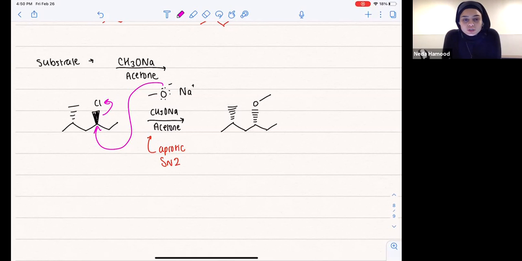For E1 and E2, you would also have to know that. Just memorize the strong bases and weak bases. If you're going to memorize anything, just know that. And for aprotic and protic, just know that protic has a hydrogen and aprotic does not.